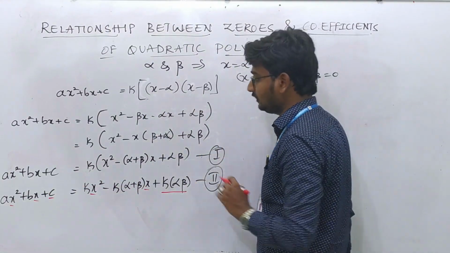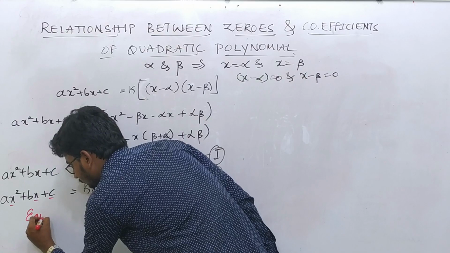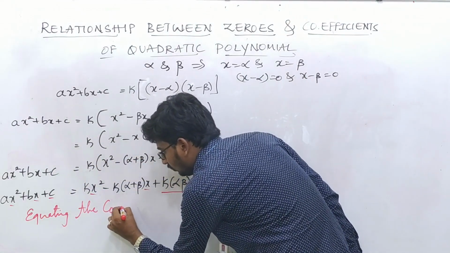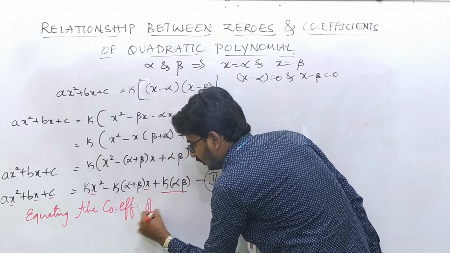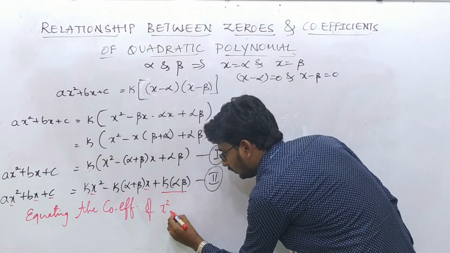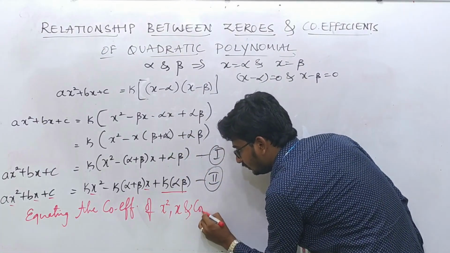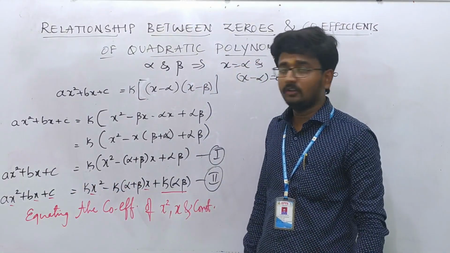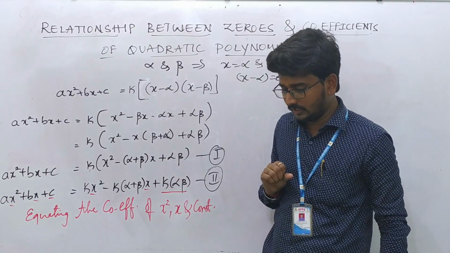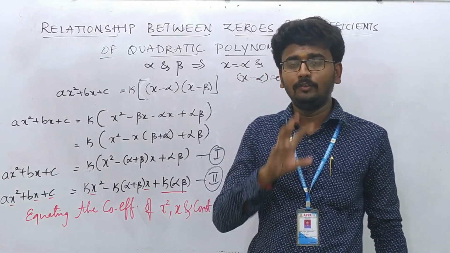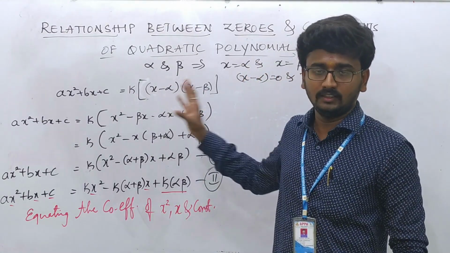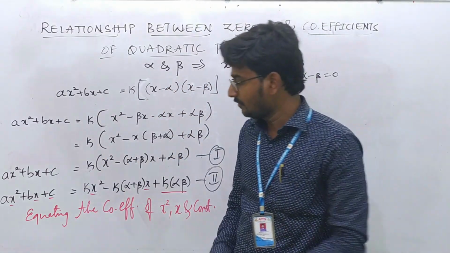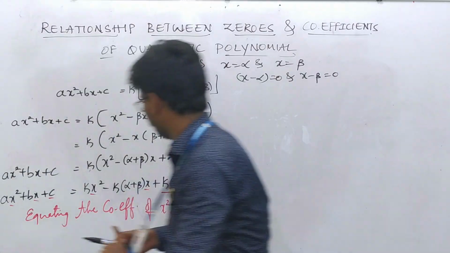So what I am going to do is equate the coefficients of x square, x and constant. Equating like coefficients, you learn in a chapter called partial fractions. In PUC second year, in integration, there we have partial fractions where we compare the coefficients. You will learn that when you go to PUC.